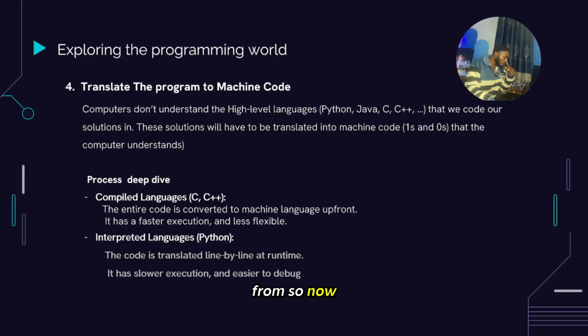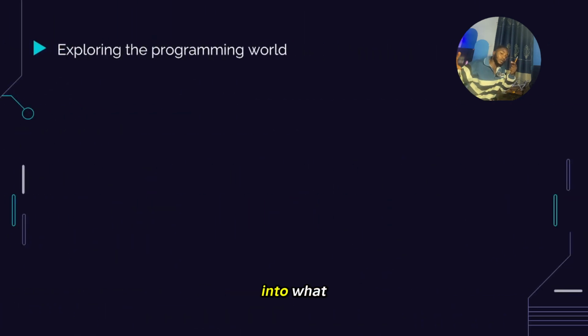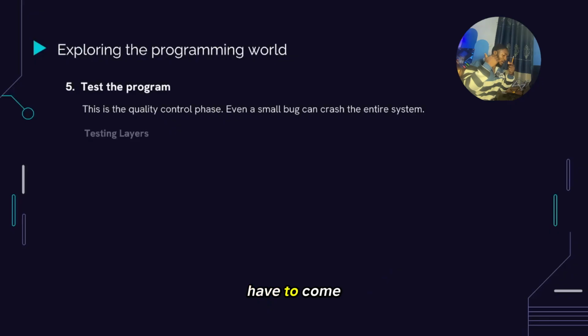Now, interpreted languages are slow in the sense that whenever you want to execute a program, you have to open the code base and interpret line by line. With compiled languages, like I said earlier, the entire code base is converted into an executable file that you just click and it runs. But the advantage that we have seen is that interpreted languages are very easy to debug.